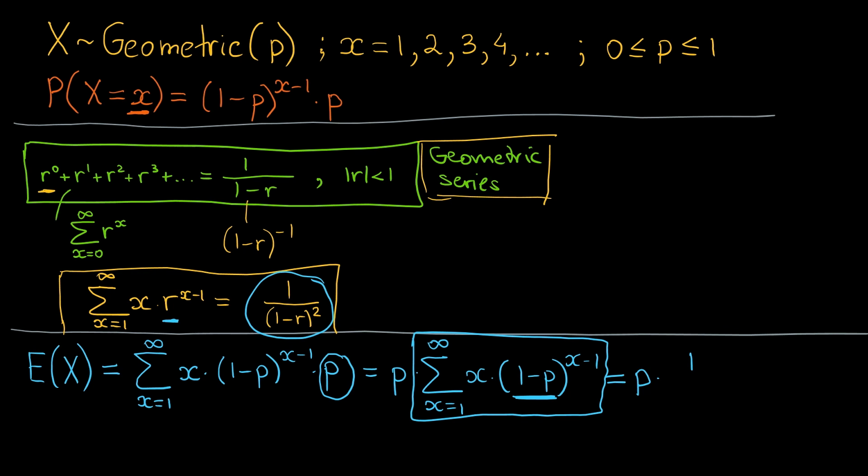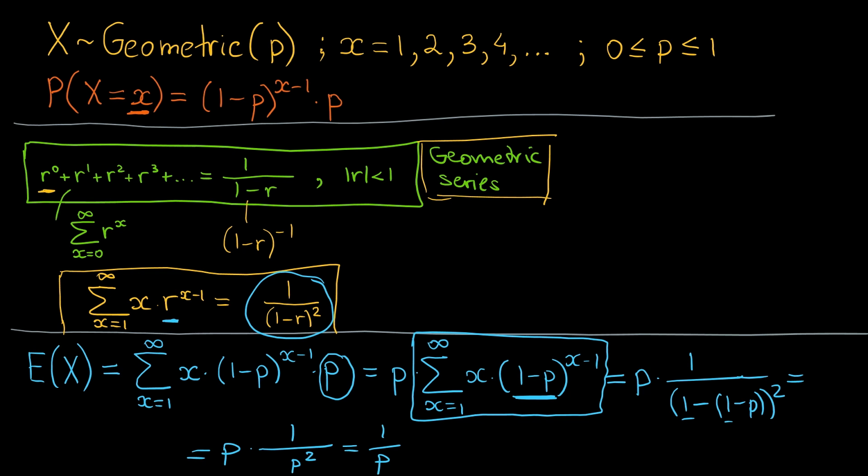So we get 1 over 1 minus, instead of r we put 1 minus p, whole thing squared, and we get p times 1 over this 1 minus 1, that'll be 0, and then minus p, that's just p, and it's squared, so we get p times 1 over p squared, and that's 1 over p.